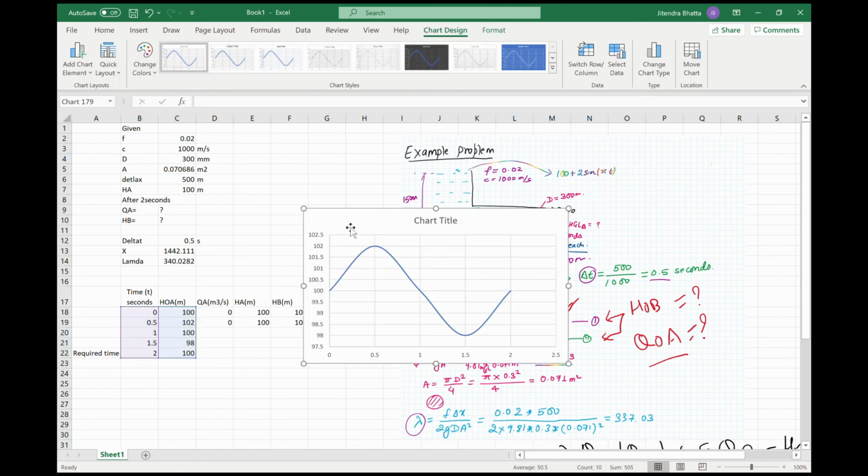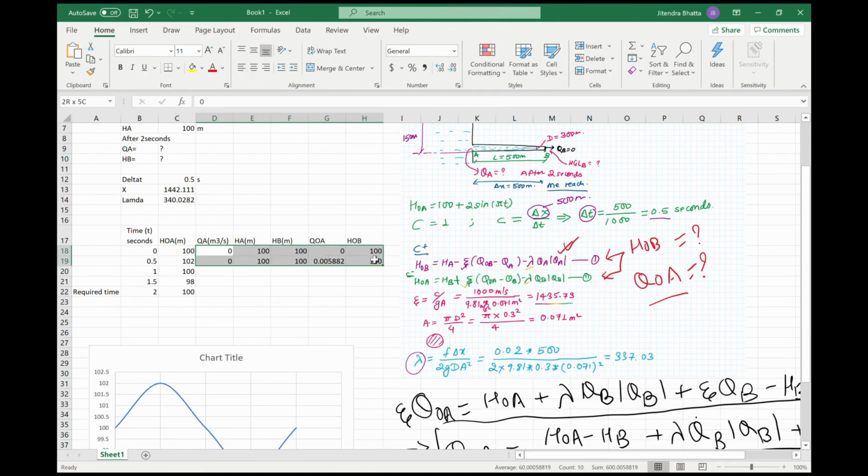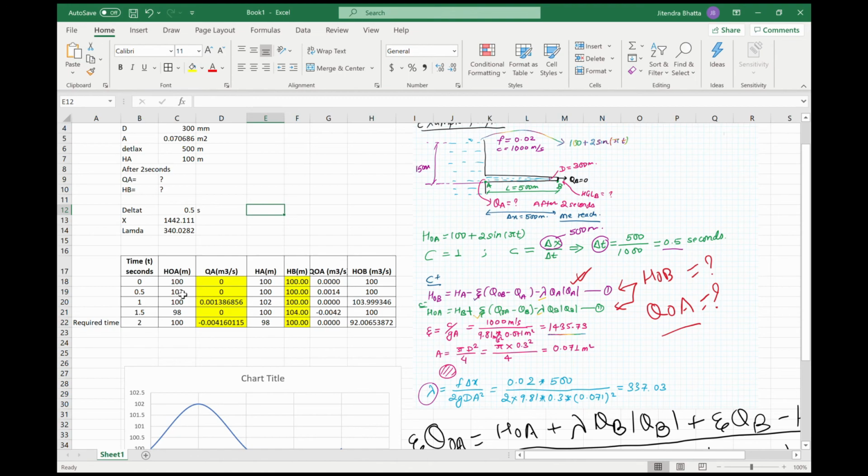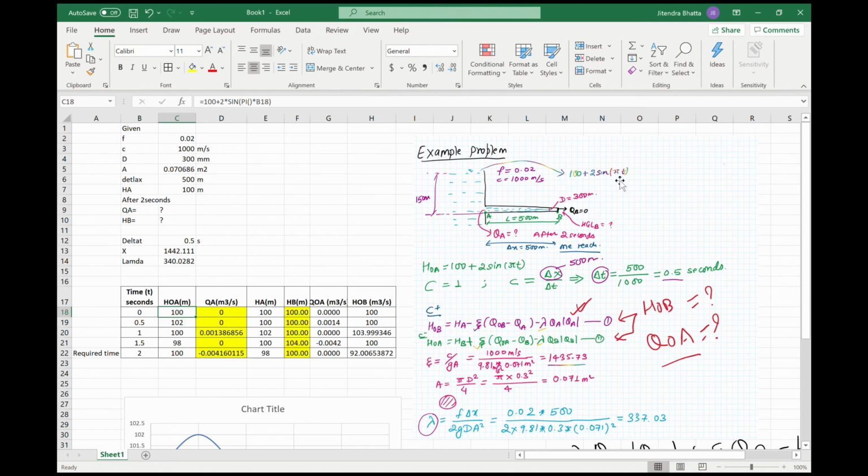When you plot this, you can find your flow at A and your head at B. You write it here, and you'll have your t as your variable. So these all will be based on your sinusoidal equation as plotted here.